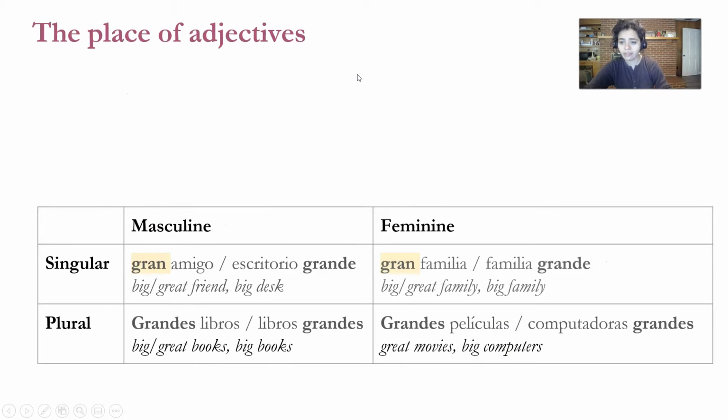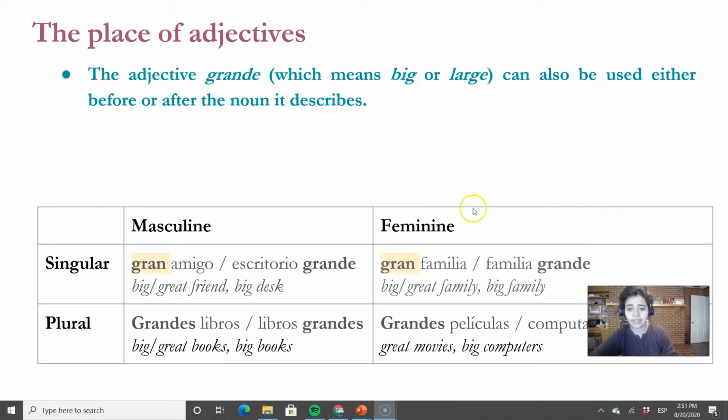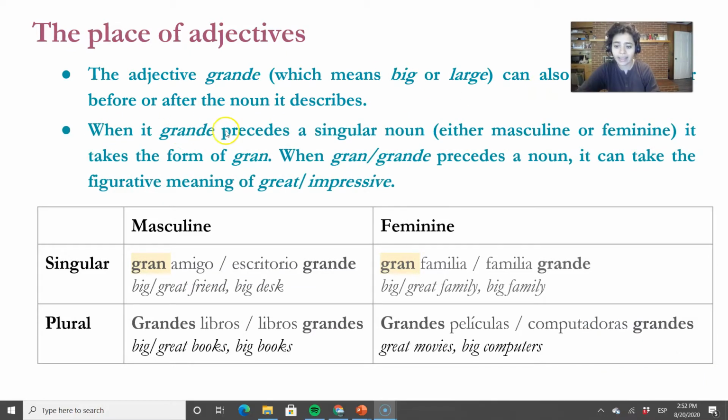But we also have the adjective grande, which usually means big or large, and can also be used either before or after the noun that it describes. But when grande precedes a singular noun, either masculine or feminine, it takes the form of gran.